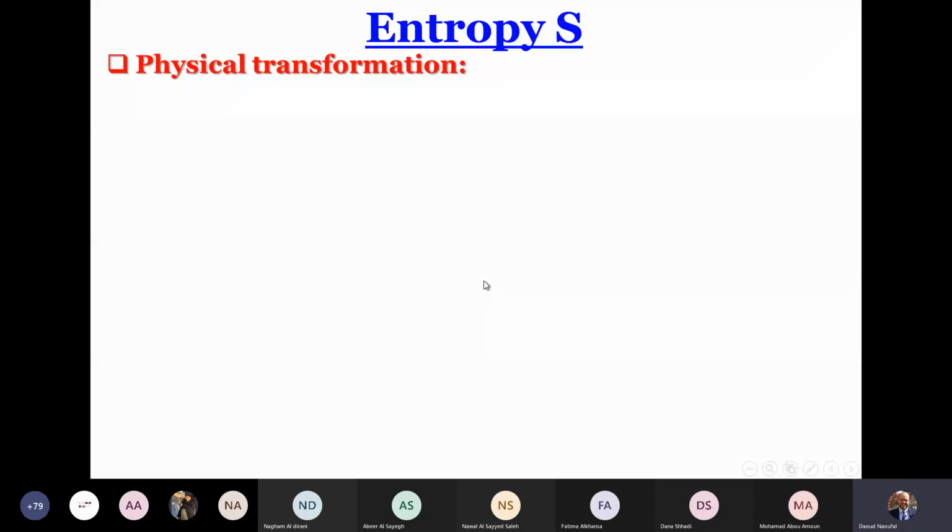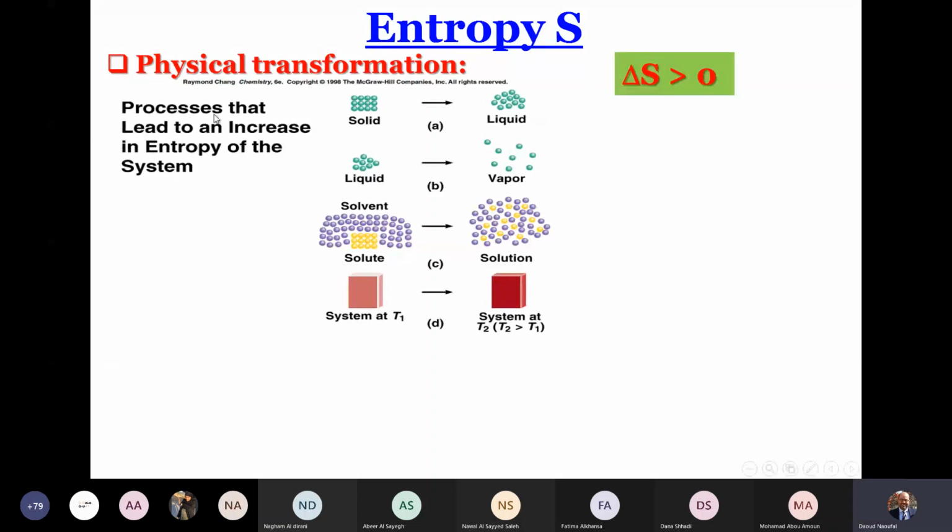Example of entropy. First, consider the physical transformation process that leads to an increase in entropy of the system. Suppose we have a solid that is transformed to a liquid, so this is melting. Look first at the solid. The particles are very organized. In the liquid, the particles are less organized.